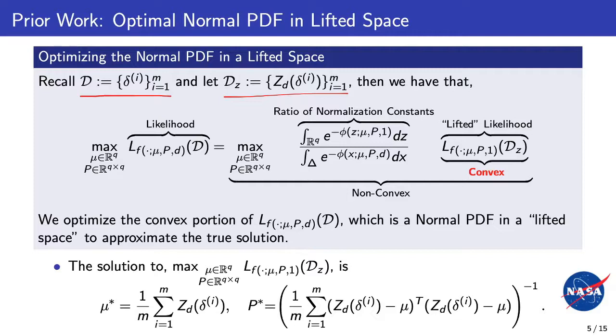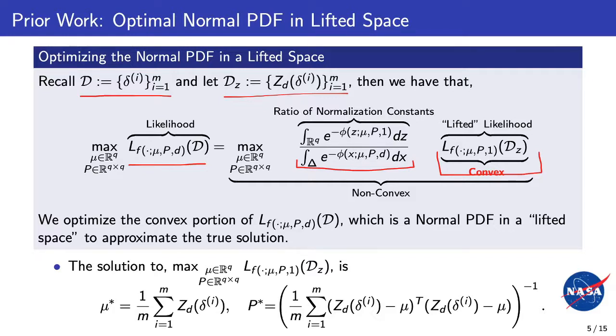With these two data sequences defined, we have the following equality: the likelihood of our sliced normal PDF is equal to a ratio of normalization constants, where the denominator is non-convex with respect to mu and p, times what we call the lifted likelihood, which is the likelihood of a normal PDF in the lifted space or with the lifted data in D_z. This portion is convex because we have an analytical solution for normal PDFs.